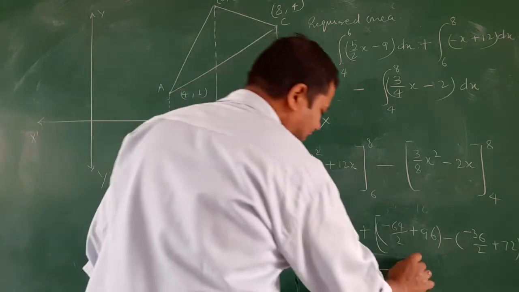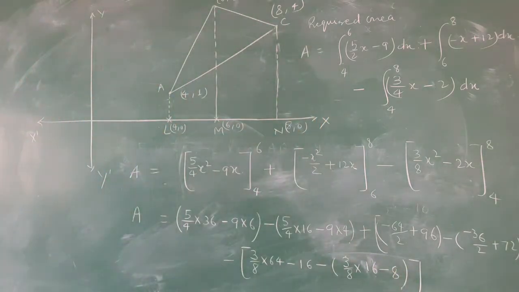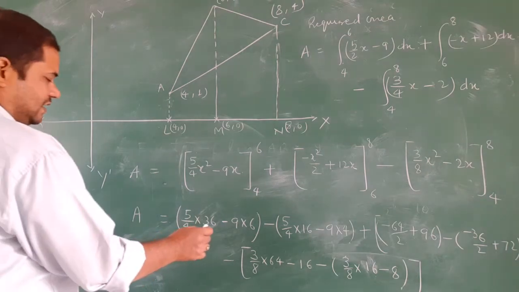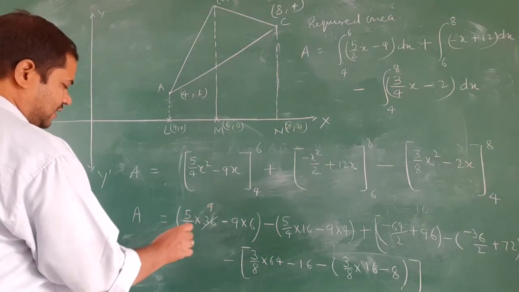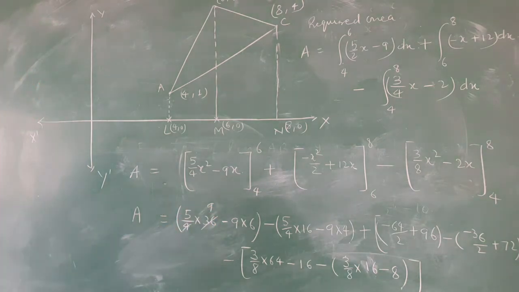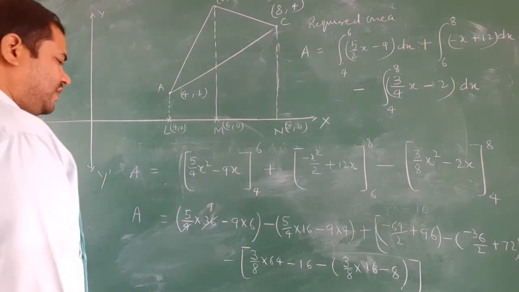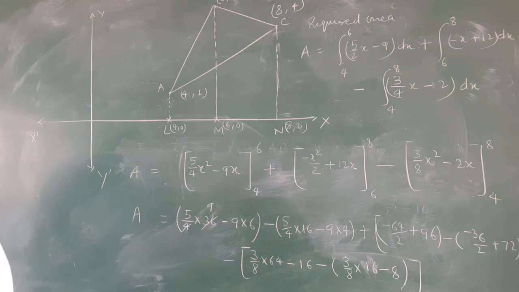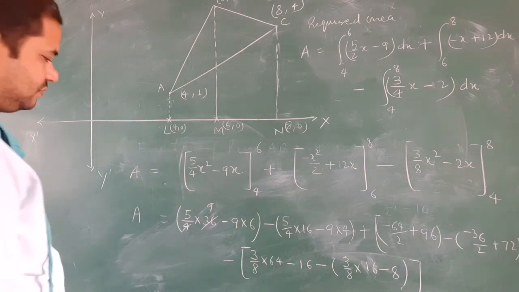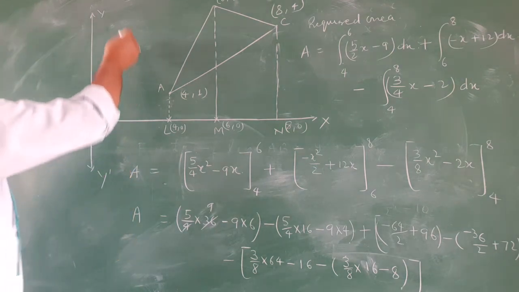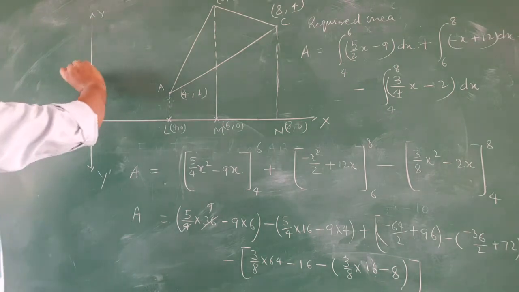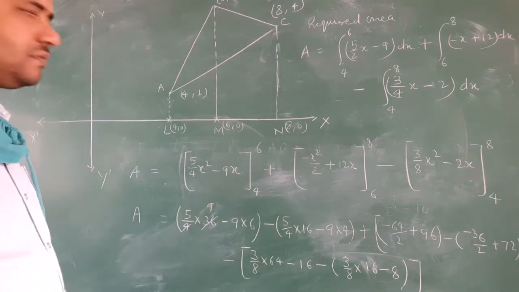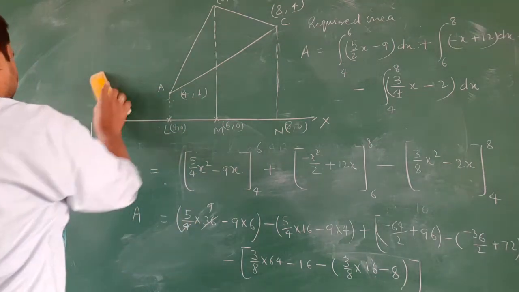Now we calculate it and get the value. 4 nines are 36, 5 nines are 45. 45 minus 54. Now we will put the value. A is equals to, I am going to erase the figure and then write.